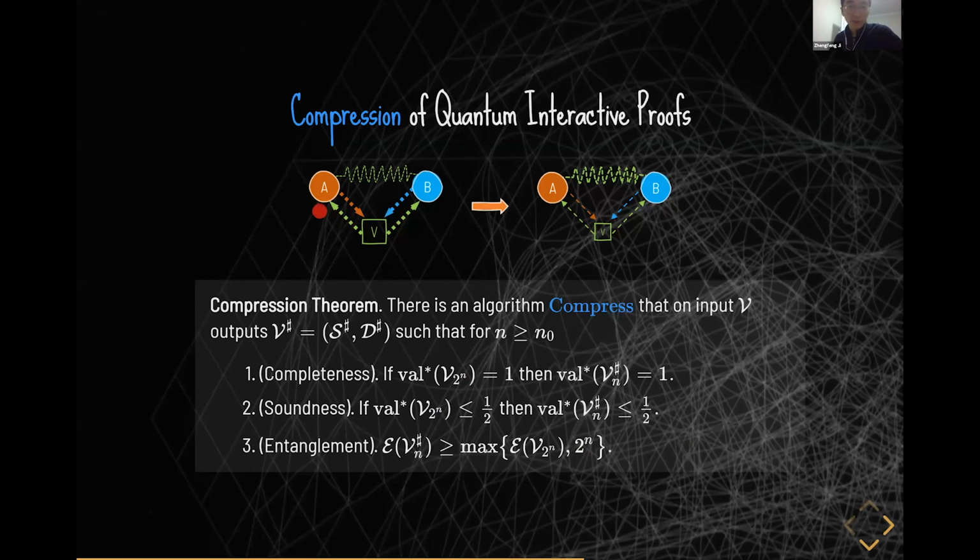That's in the introspection step. In introspection, you expect the provers to share N EPRs and do measurement to sample the questions. And in that honest strategy, you have to have these extra EPRs to sample that question. And then you would also need to play this old game. So this old shared entangled state has to be there. In addition to that, you need extra EPRs to sample the big question.